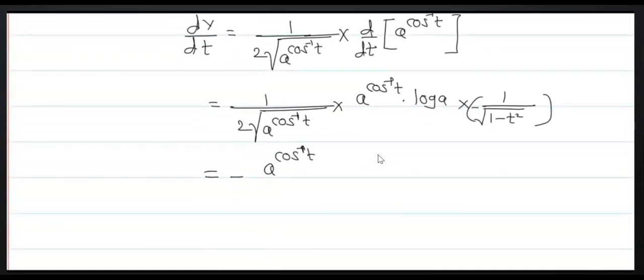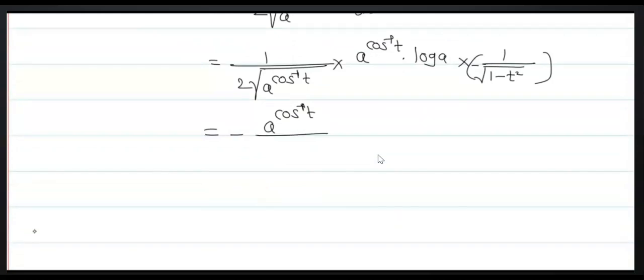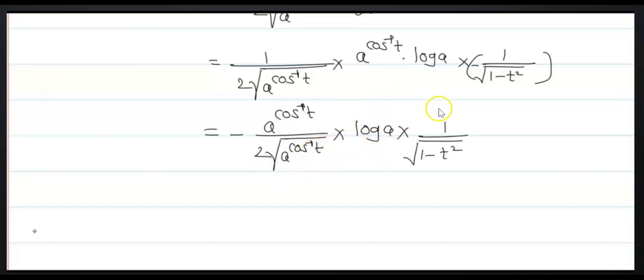Therefore, dy by dt is minus a raised to cos inverse of t upon 2 root of a raised to cos inverse of t, log of a into 1 upon root of 1 minus t square.